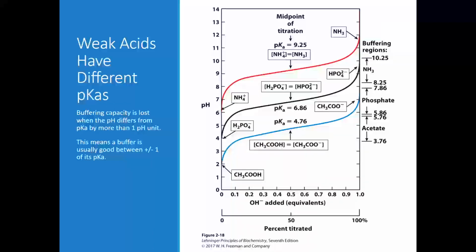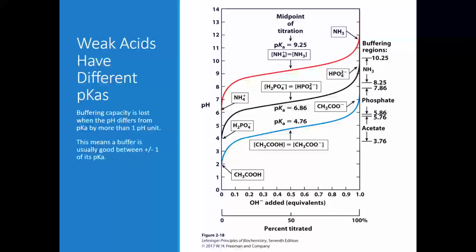Now, because each acid dissociates differently, each acid has a different pKa, a different constant. That means that different acid conjugate-base pairs have different buffering zones. So the buffering capacity is going to be based on that particular set of ions.